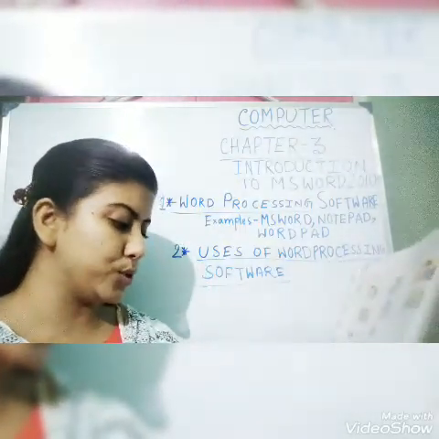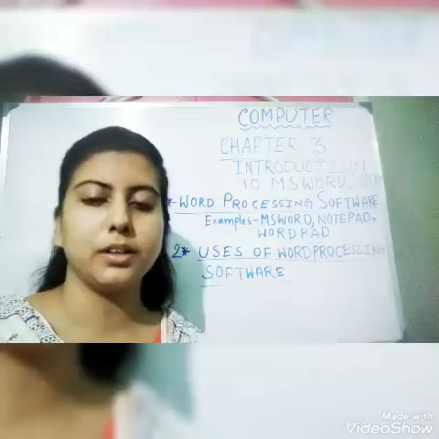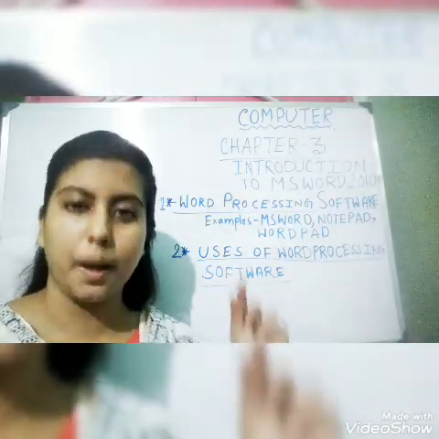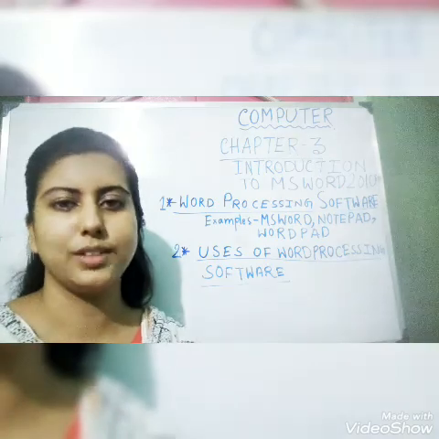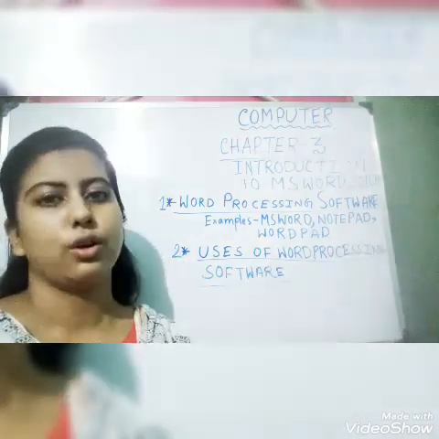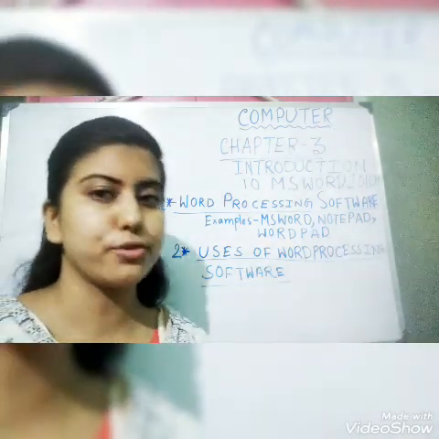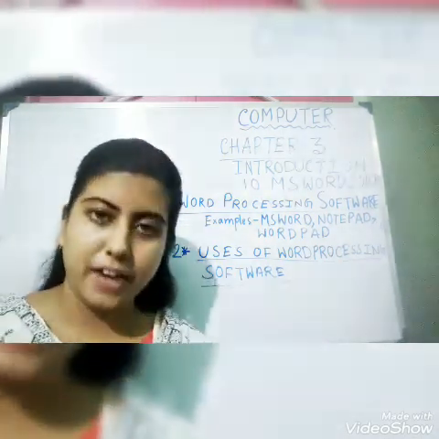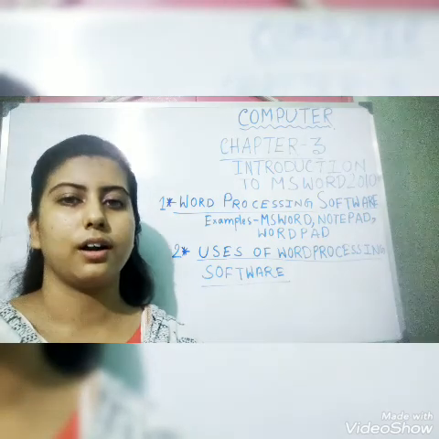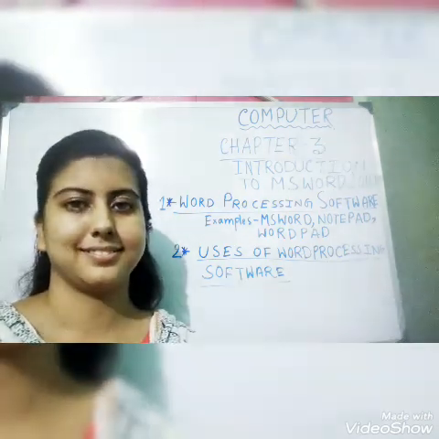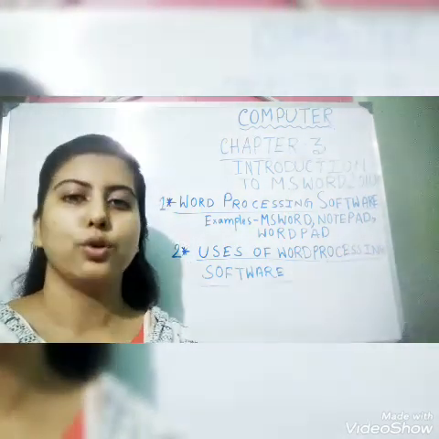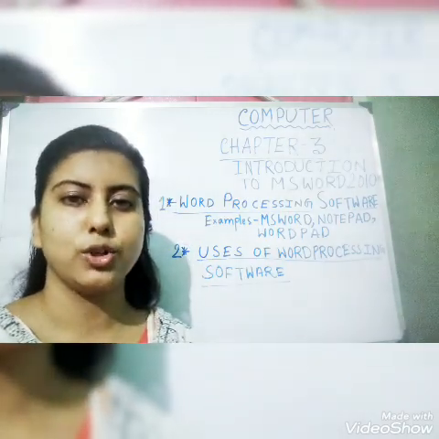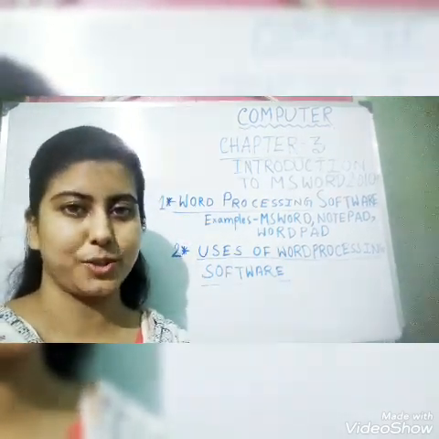If you want to add page number, bullet, numbering, you can do this in these word processing softwares. So, they are very useful for us. Now, we will move on to the next page.